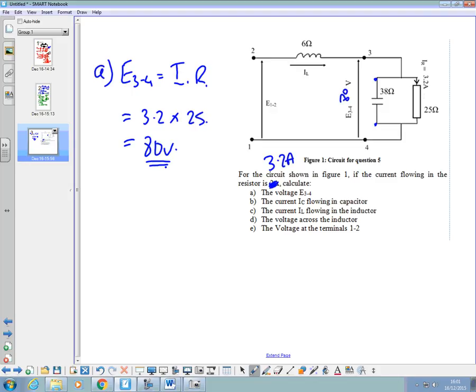Remember, the angle is what it is relative to something else, so it doesn't really matter which one is at 0, because the others are all relative to that 0. I'm unlikely to give you the current through the capacitor in the exam. Okay, so you've got 80 volts there.